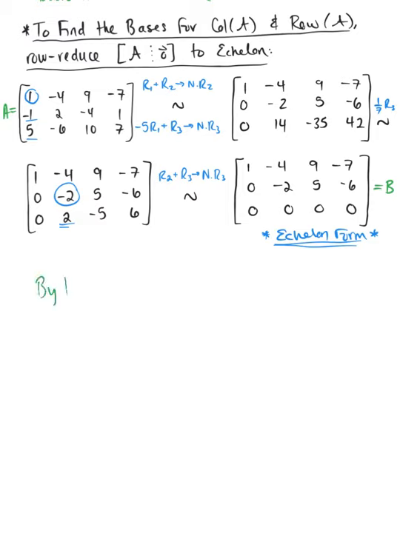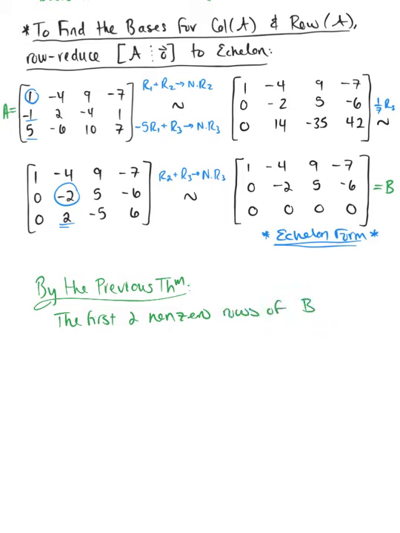Well, by the previous theorem that we just verified, we know the first two rows of matrix B, those two non-zero rows, form a basis for the row space of matrix A.